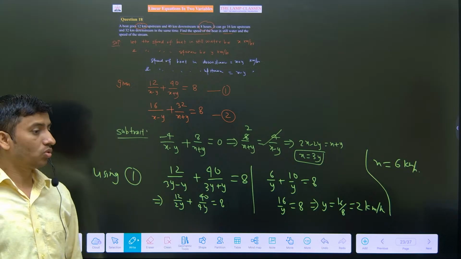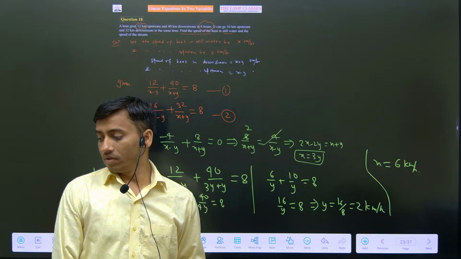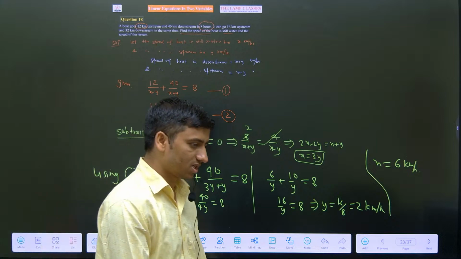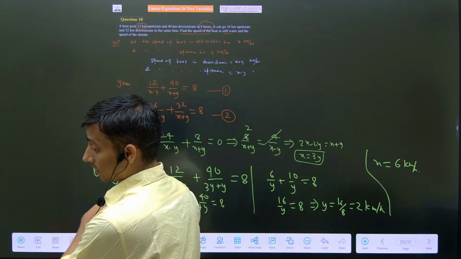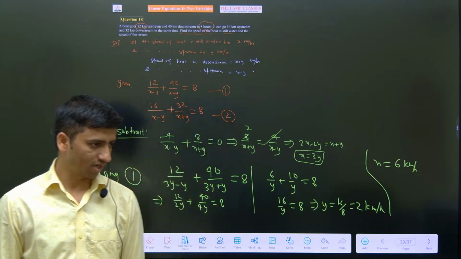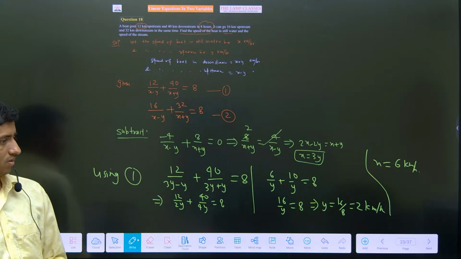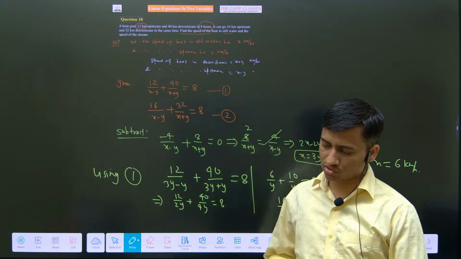Though this type of question is less likely, because equations convertible to a pair of linear equations, I think they have removed from CBSE. But we should know, guys, because we will be encountering these kinds of equations in the coming years, in 11th and 12th, many times. So we must have an idea how to solve them. From the exam point of view, I would say it's not that important. Have you understood?